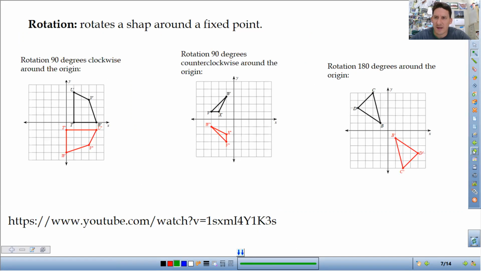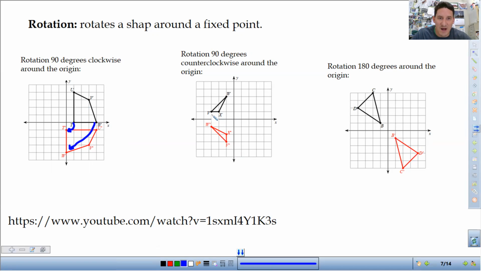The rotation. This is typically the one that kids have the hardest time identifying, but a rotation just rotates the shape around a fixed point. We're just going to be looking at rotations around the origin, 0, 0. So this one, as you can see, is being rotated clockwise. Each point is getting moved clockwise 90 degrees.